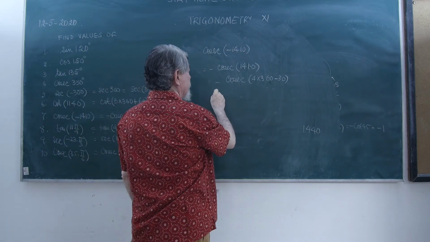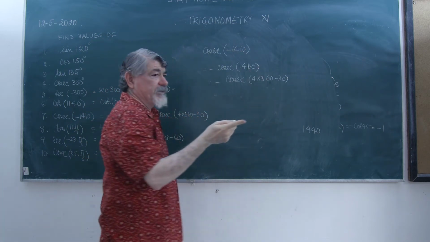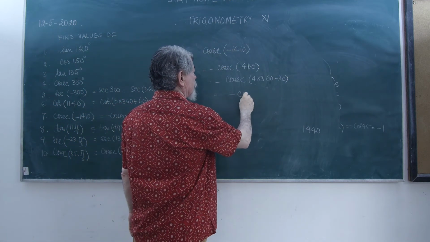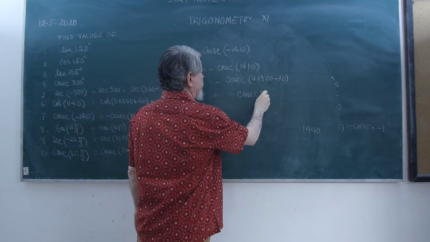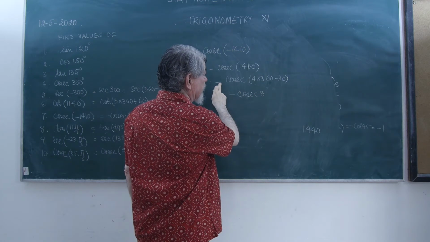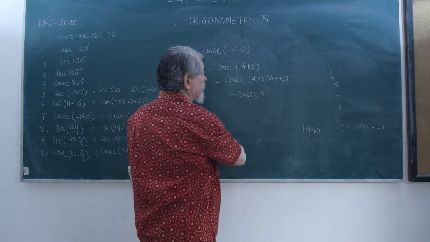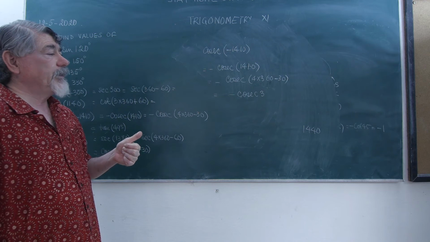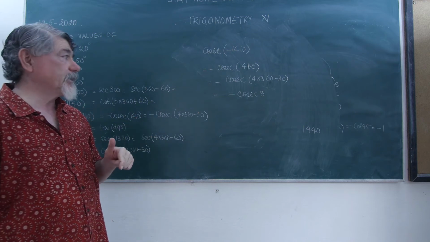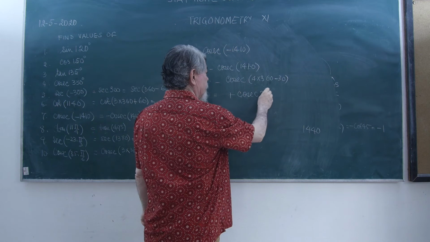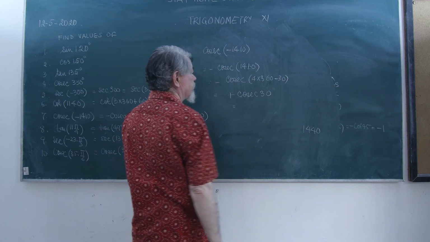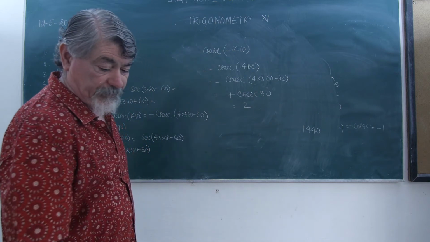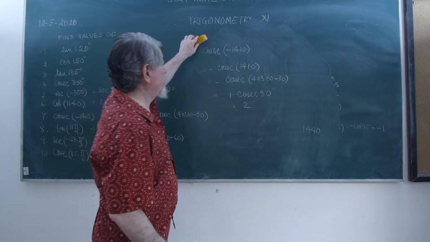So cosec, because it is multiples of 360, will remain cosec. It will become minus cosec 30. It was already minus, and it is coming into which quadrant? It is again coming into the fourth quadrant, and it will become minus again. So it will become plus cosec 30, and sin 30 is 1 upon 2, so cosec 30 will be plus 2.